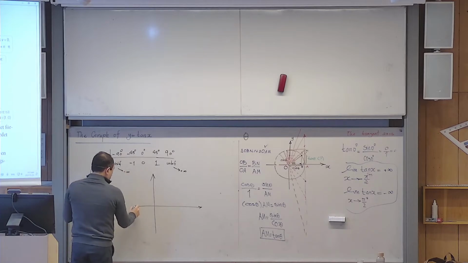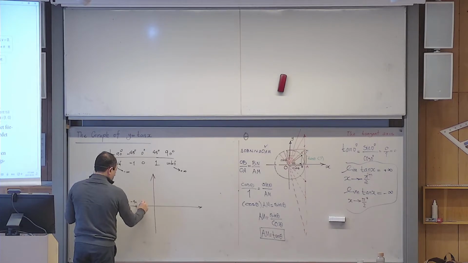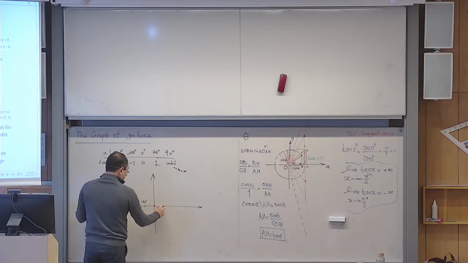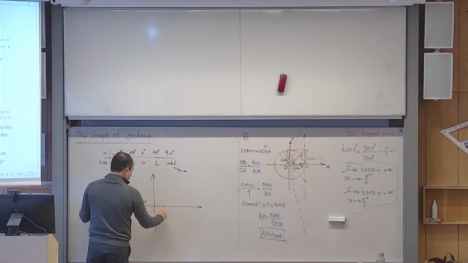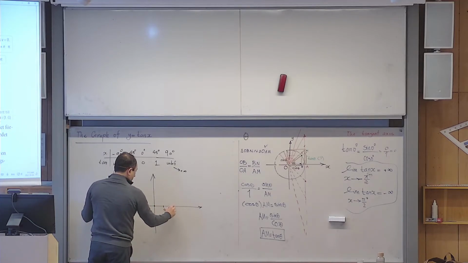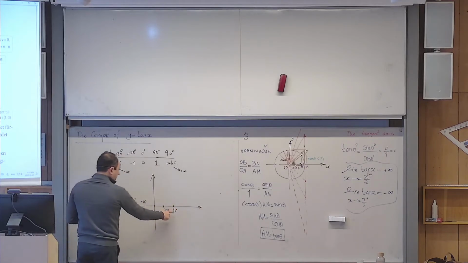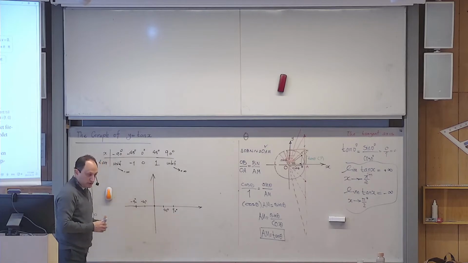Let us assume that here is minus 90, here is minus 45, here is of course 0, then here 45, and here 90. At minus 90 and 90 degrees, I have problems.